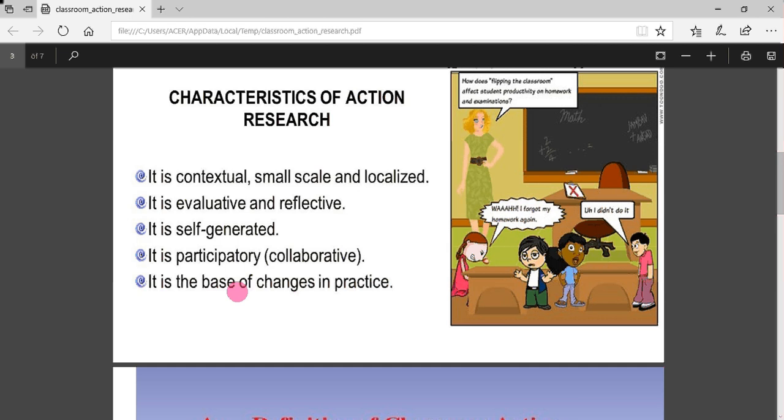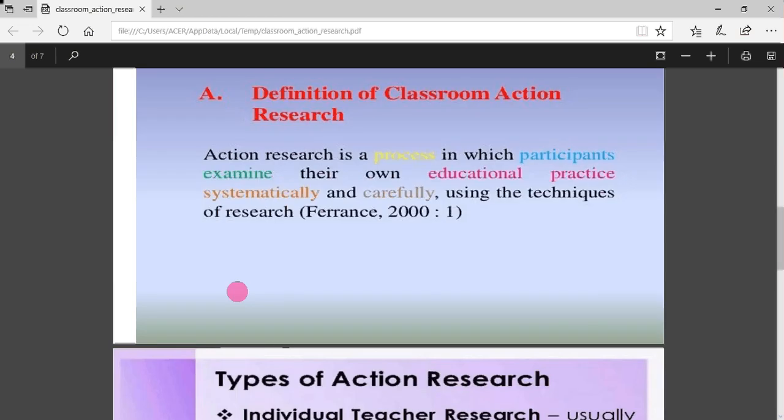Now we go on to the next page. Having discussed the characteristics of classroom action research, we can conclude that action research is a process in which the participants examine their own educational practices using the techniques of research.